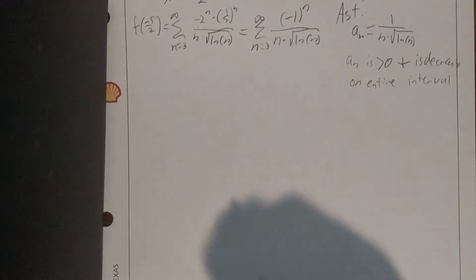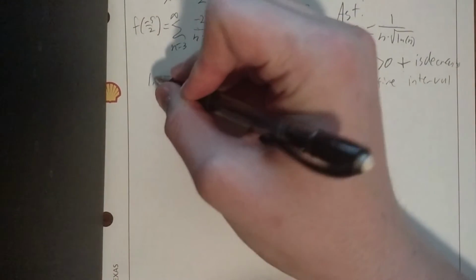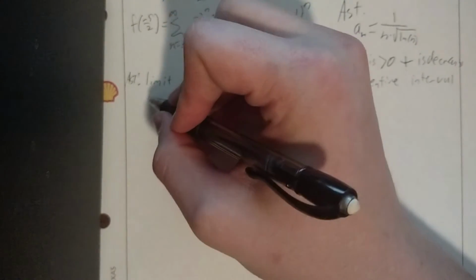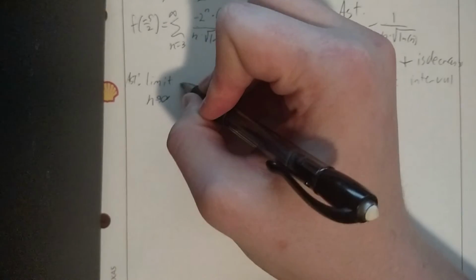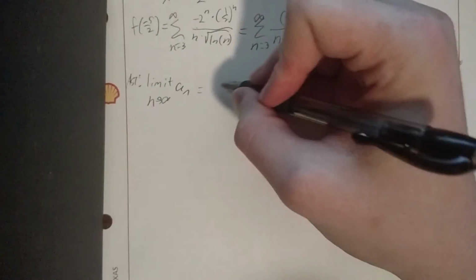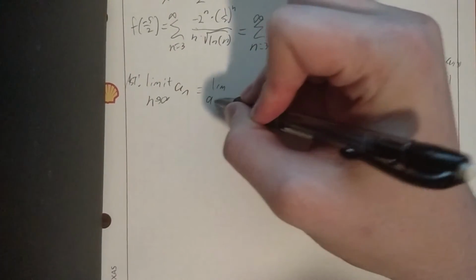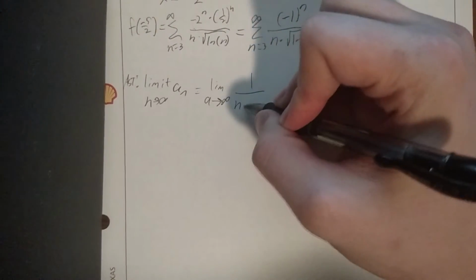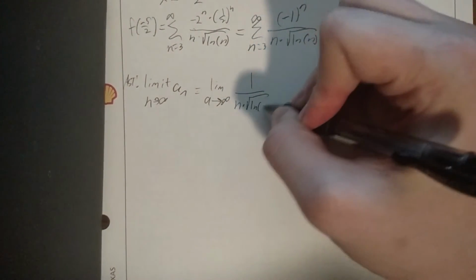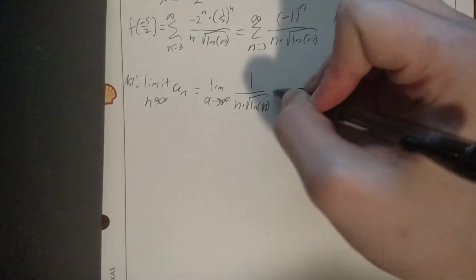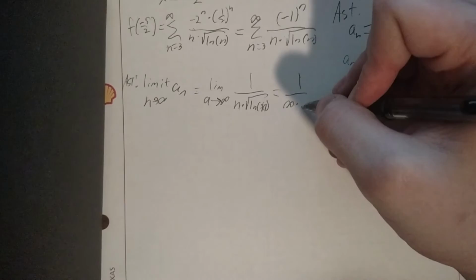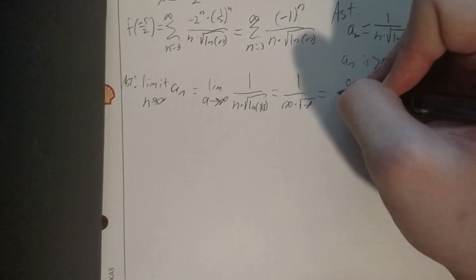So now we need to take the limit as n approaches infinity of A of n, which is equal to the limit as n approaches infinity of 1 over n times the square root of the natural log of n, which is equal to 1 over infinity times square root of infinity, which is 0.